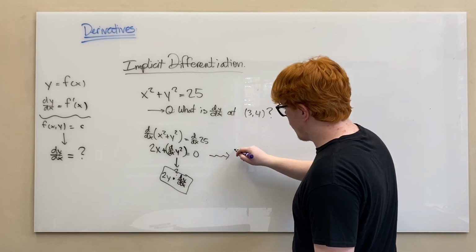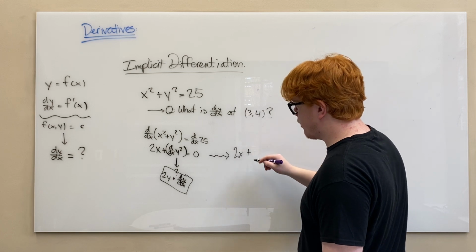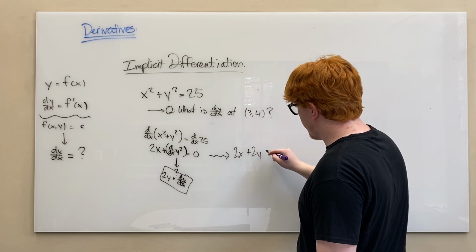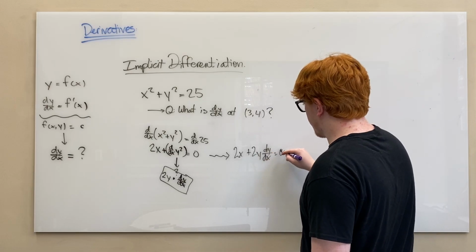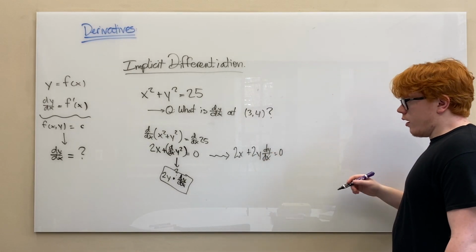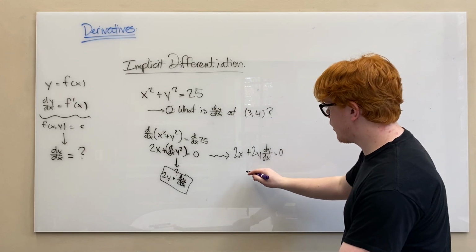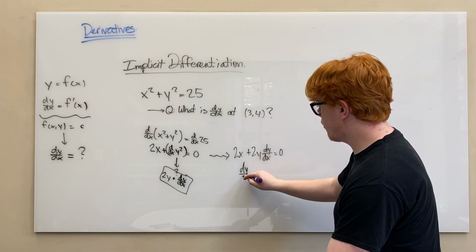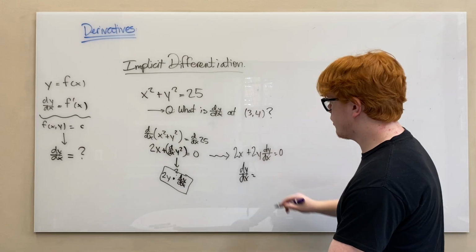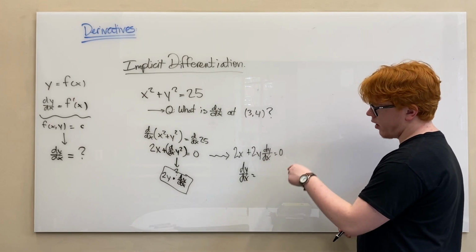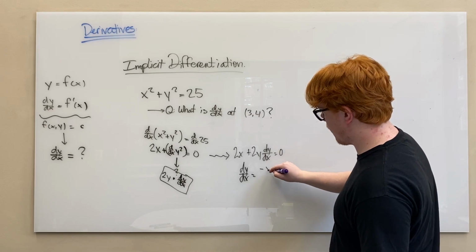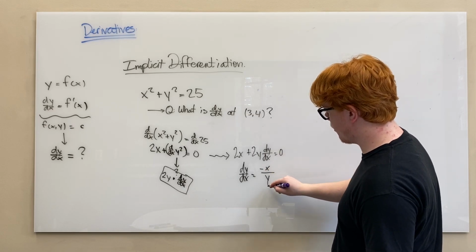So now we have 2x plus 2y dy/dx is equal to 0. So what this means is that dy/dx is equal to negative 2x divided by 2y, which is just going to be negative x over y.